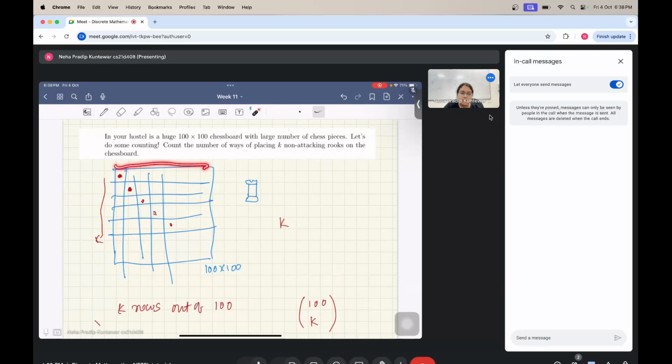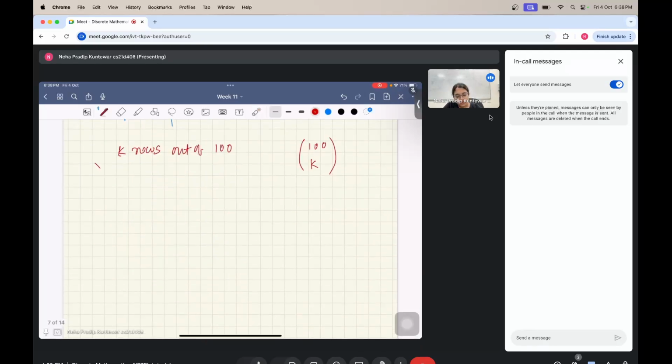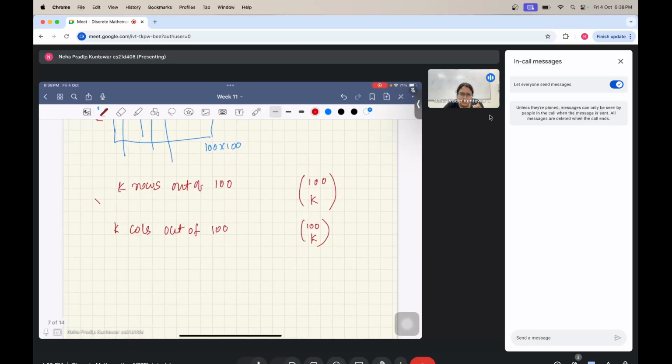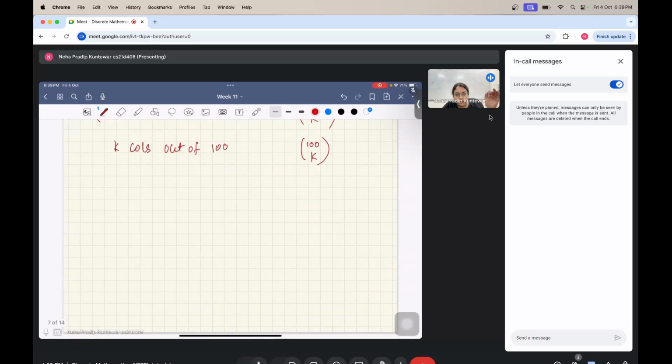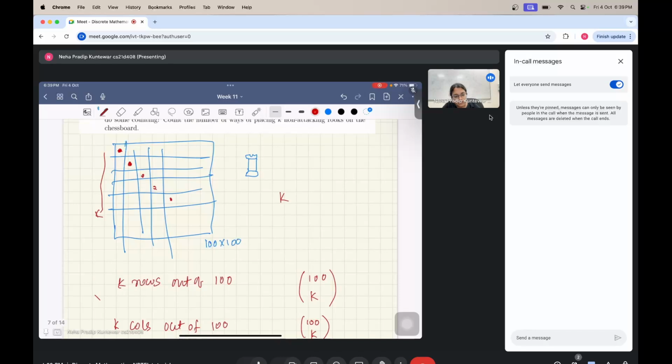So you have 100 columns and you want to choose k out of them. You want to choose k columns out of 100, and this can be done in 100 choose k ways. And now, is it okay if I just say that you have chosen your k rows, you have chosen your k columns, so it will look something like this.